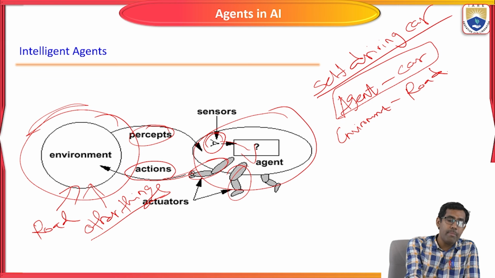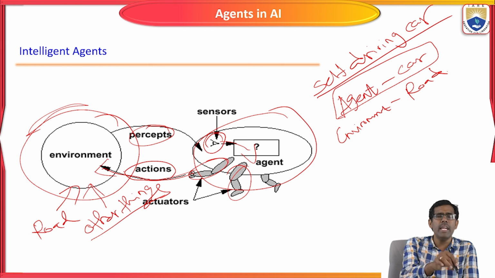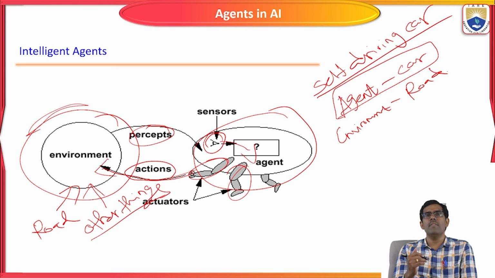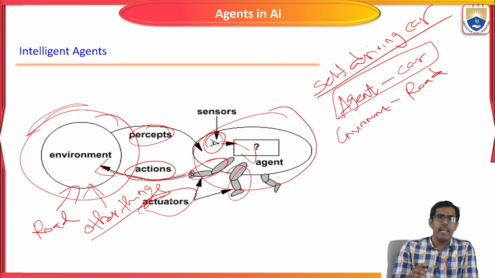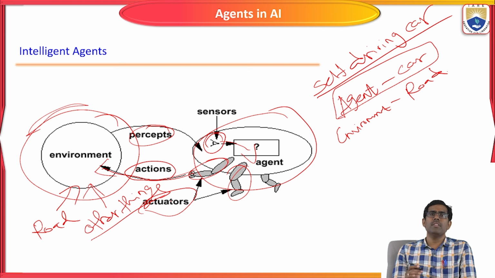Then the action will happen on the environment. Suddenly the brake will be applied. The car will slow down. Right. So based on that clutch, that brake, and that tire, everything is an actuator here. Okay, so based on that information, the action will happen.